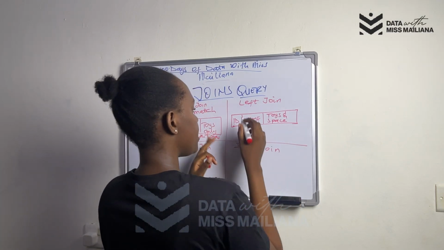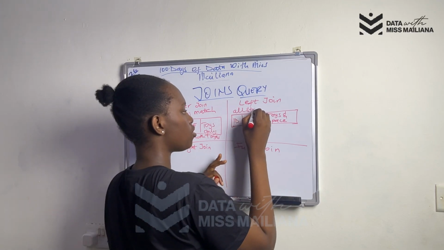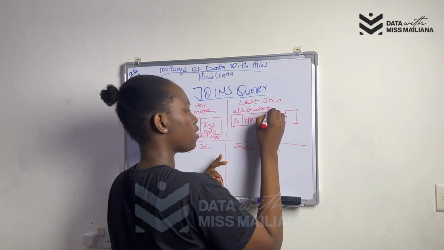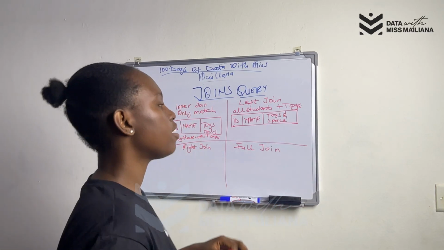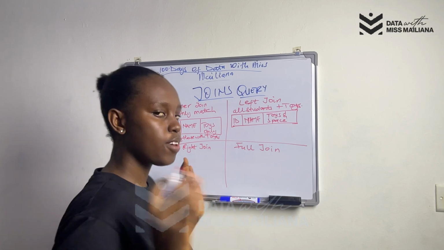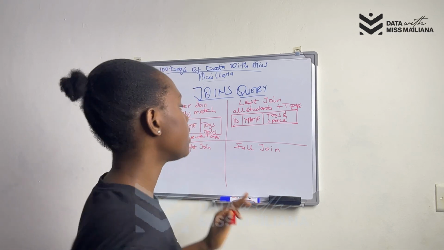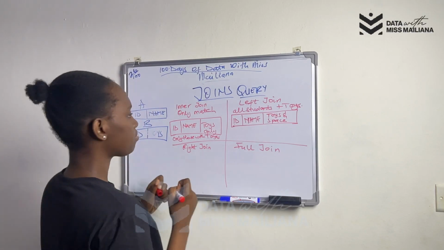So it maintains all the students. So all students show, plus those who have toys. So it's more like all the students, if you have toys or not, come. For the inner join, only if you have toys do you come. For this one, all students come, whether you have toys or not.